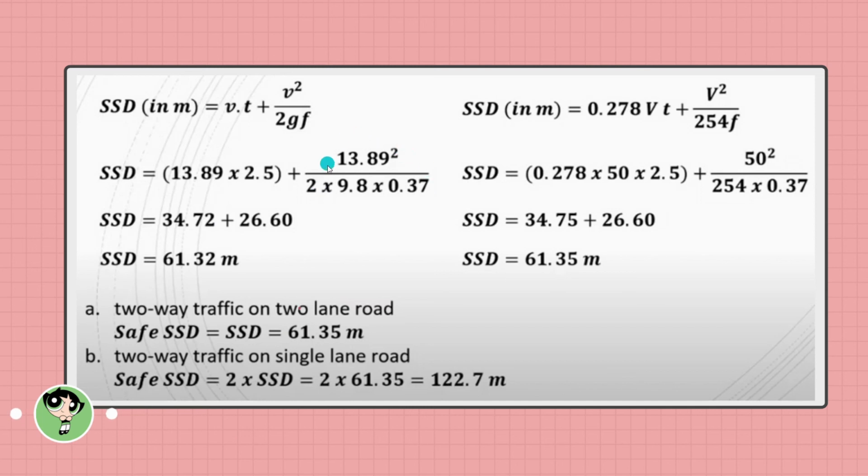On the other side, 13.89 squared over 2 times 9.8 times 0.37, plug in the calculator, we will have a value of 26.60. If we add the two, 34.72 plus 26.60, it will give us a length of 61.32 meters. So that is our safe stopping sight distance.